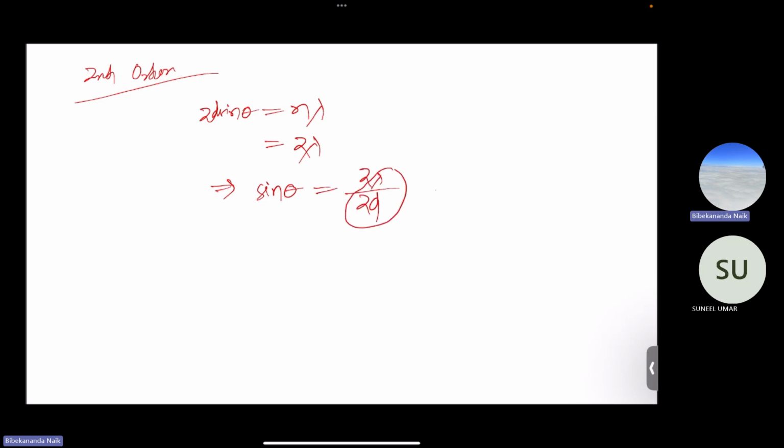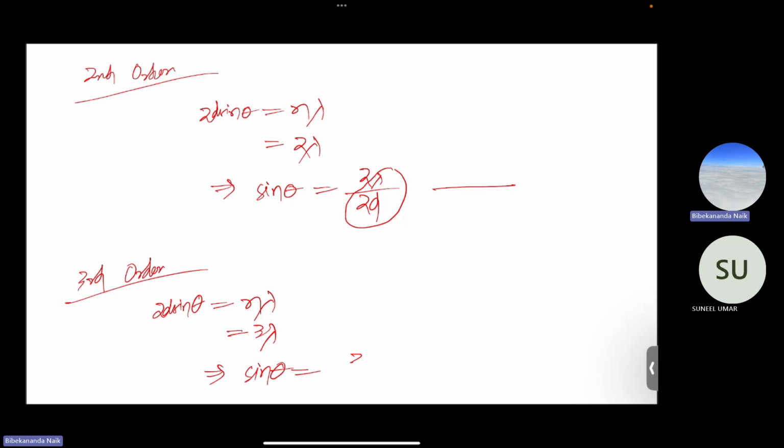This lambda by 2d will again appear here. Similarly, for third order reflection, 2d sine theta equals 3 lambda, so sine theta will be 3 lambda by 2d.